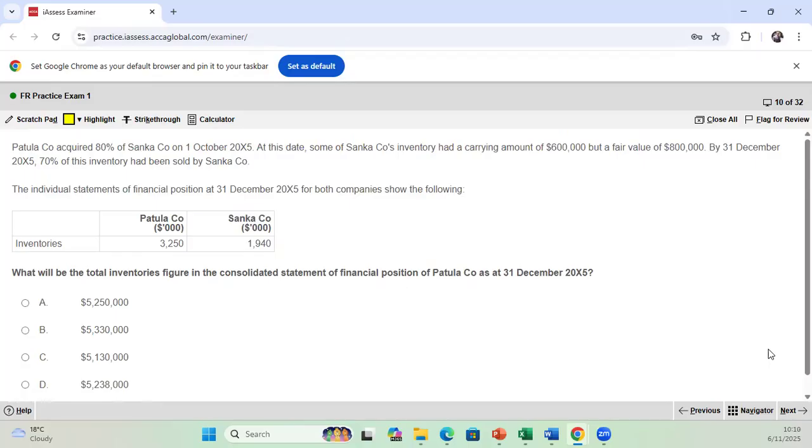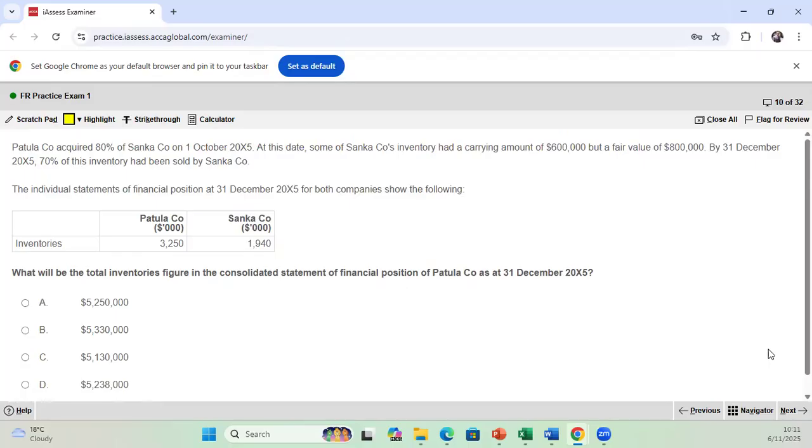The fair value adjustment was 200, but of the 200, 70% of the inventory was sold. So the fair value adjustment we add is the remaining 30%. What's 30% of 200,000? 60,000. So inventory had a fair value greater than the carrying amount, but some of it was later sold, so what remains is 60,000.